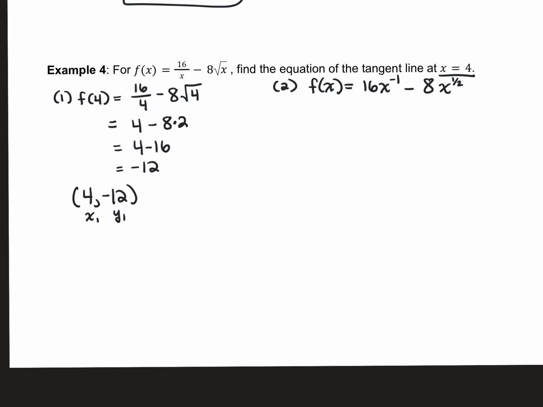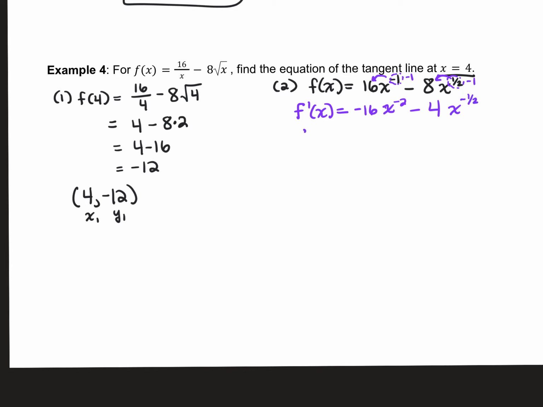And now I'm going to go ahead, I'll use a different color for the derivative, and find the derivative of f of x. So I multiply the negative 1 times the 16. That gives me the new coefficient. And then I reduce that power by 1. So I'm going to do negative 1 minus 1, which is negative 2. And then minus 1/2 times negative 8 is negative 4. And then reduce that power by 1. I get x to the negative 1/2.